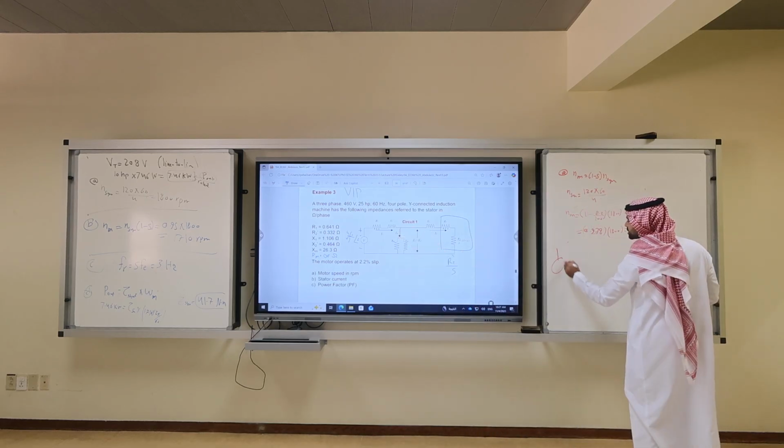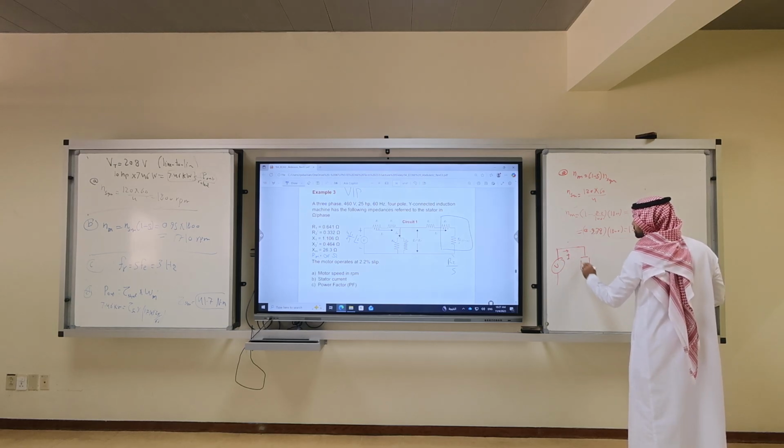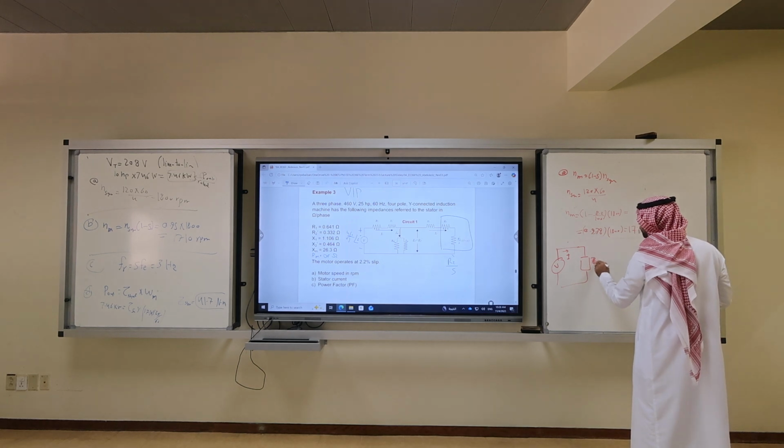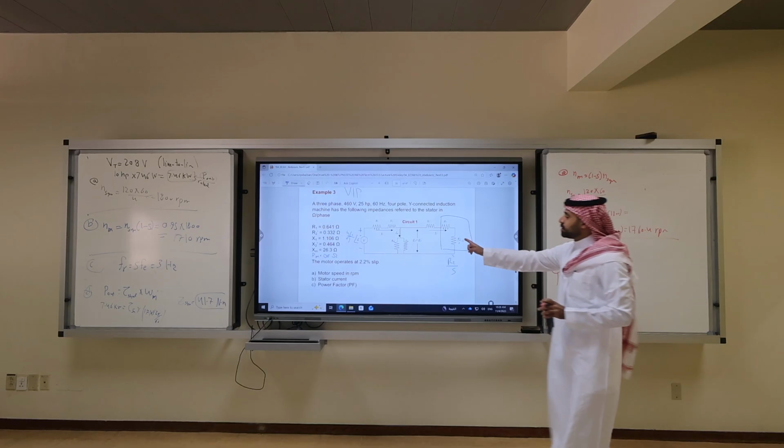So this is the source. This is I1. I want to find the box of R equivalent or Z equivalent. What is Z equivalent? Start from right to left.